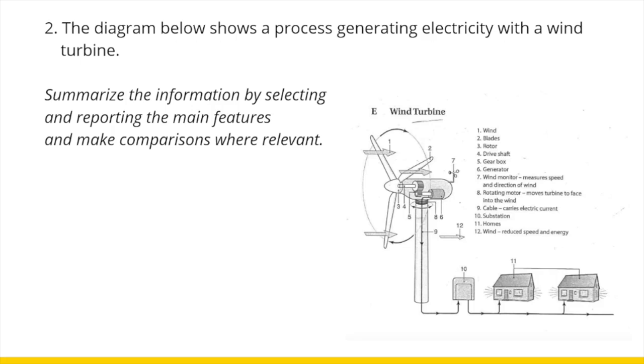So make sure to read your prompt, which states the following: the diagram below shows a process generating electricity with a wind turbine. So here we see, and it actually clearly states, it shows a process generating electricity with a wind turbine. So you have a process, and it explains how electricity is being generated with a wind turbine.